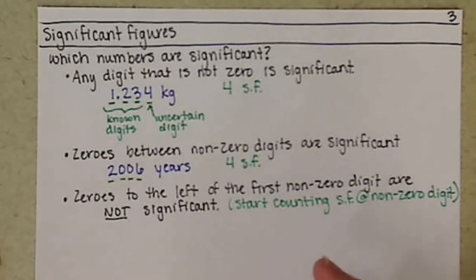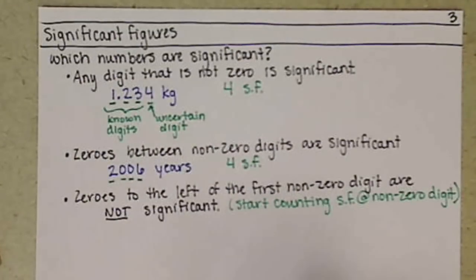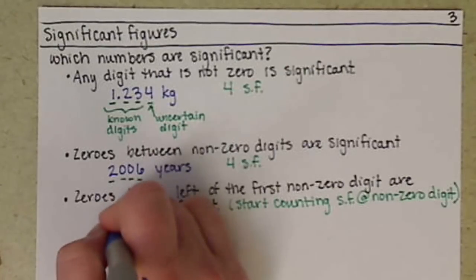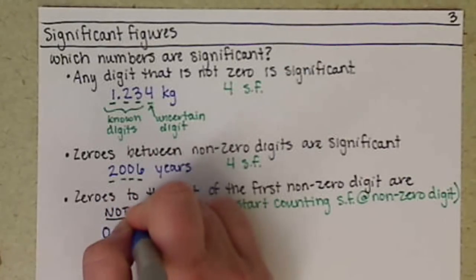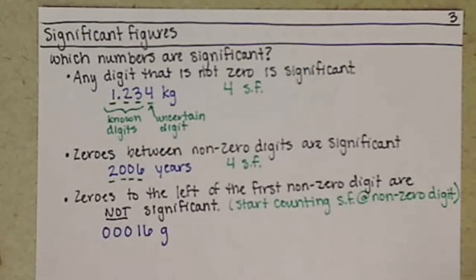All right, so I'm going to put 2 numbers down. The first one's going to seem really silly to you. The second one is going to be the number that always trips students up. So if we had, say, 16 grams, and I wrote this down with zeros in front, you'd look at me and say, what in the world were you thinking?